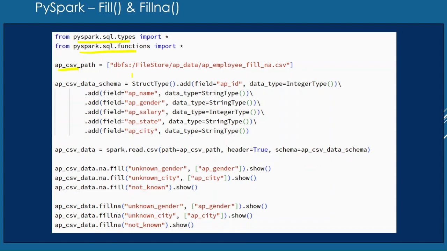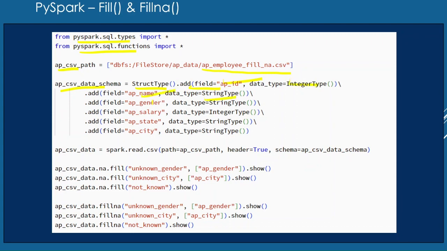Here I am creating a list variable and storing the path of a CSV file. Here I am creating a custom schema with the help of StructType and StructField. I am defining columns and their types.